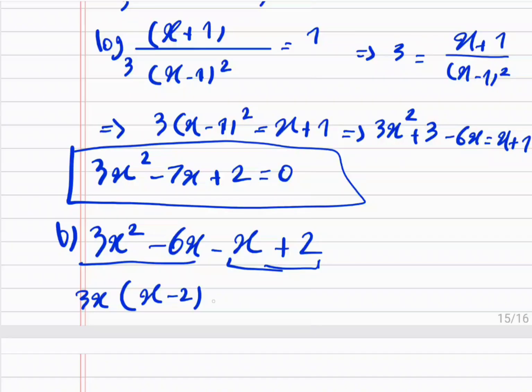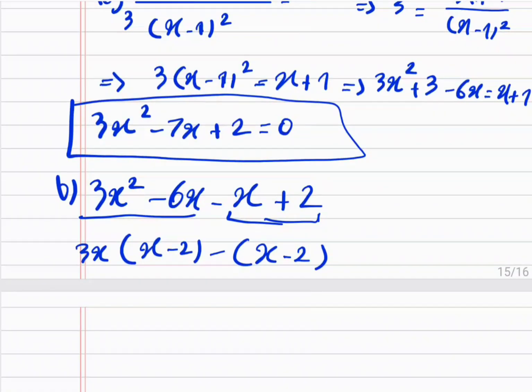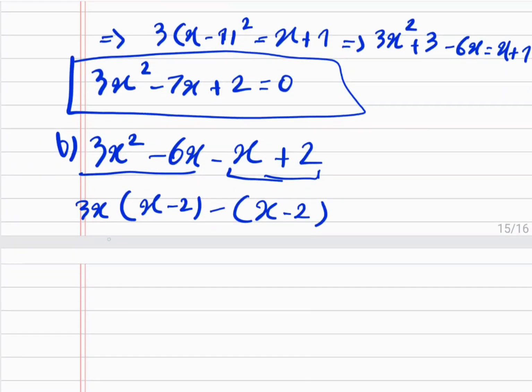And then for the second pair, we take a factor of minus 1 so that it becomes x minus 2, because the goal is to have both brackets be the same. Now we can do another factorization, which is 3x minus 1 times x minus 2.